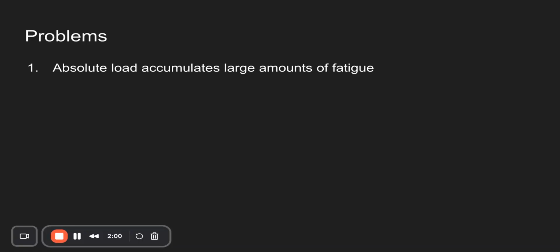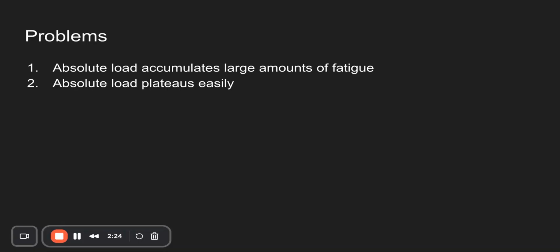So if we can't use absolute load 100% of the time to show progression, then it's not a good way to actually track progression, because we're going to miss large amounts of tracking just because we don't want them to accumulate a lot of fatigue, which means we're not going to have them do absolute load. So that needs to change in the future.